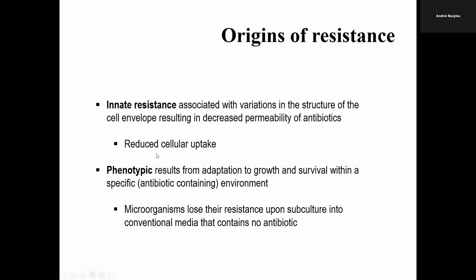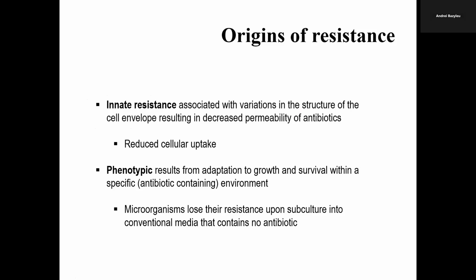A synonym to phenotypic resistance is acquired resistance, something that the cell acquired over time. So what is that about? This is not even a classification. I don't want to say that it's a classification, but in a way, right? When you split it into two groups, you kind of classify it. It's a classification of resistance based on its origins.